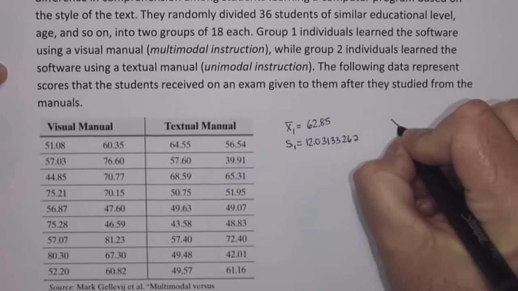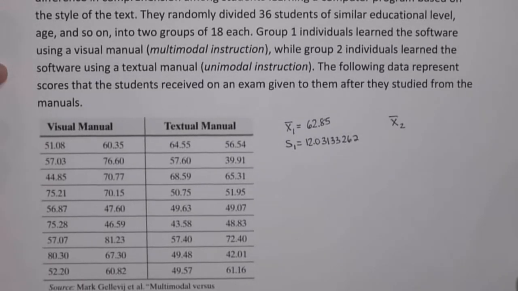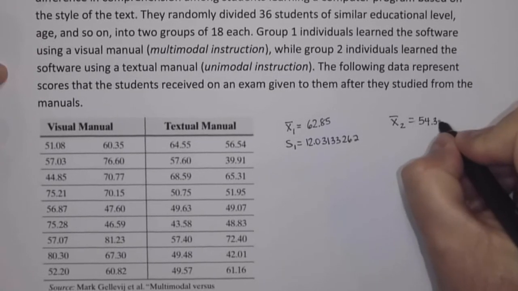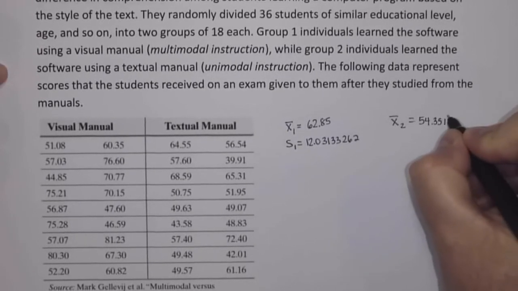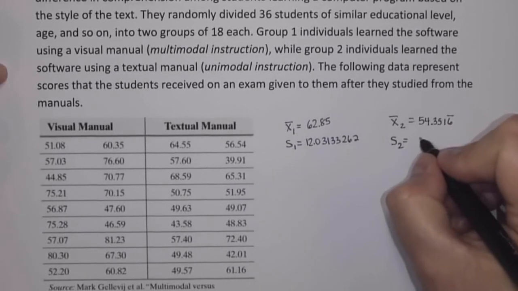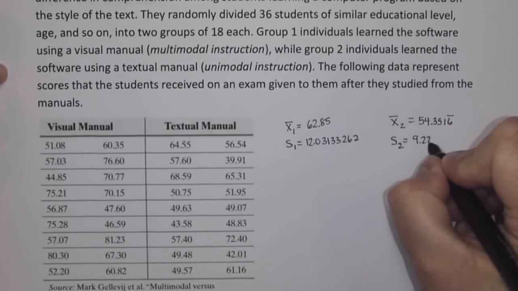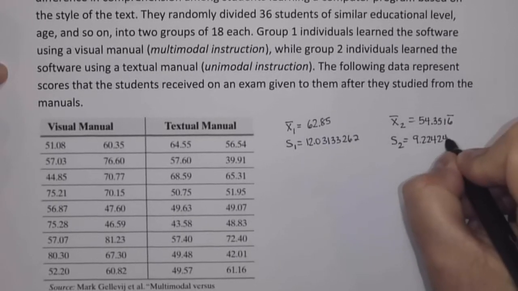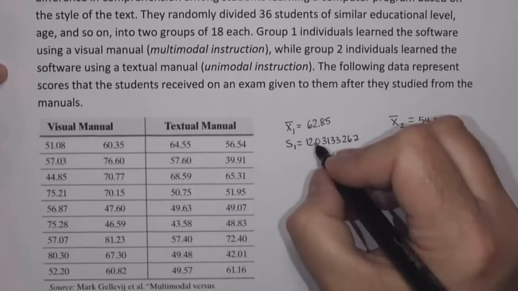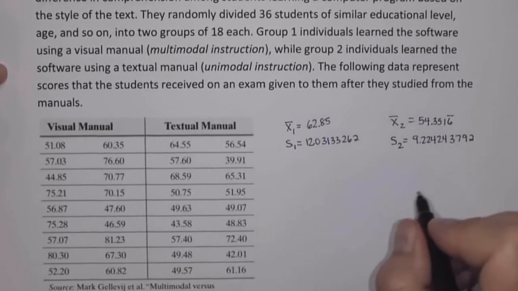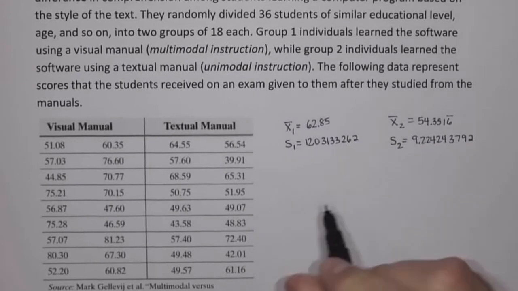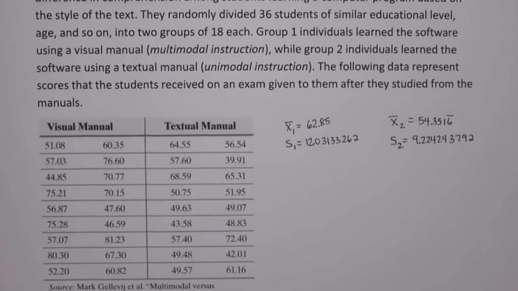So I'm going to write those down. X bar 2 is equal to 54.3516, and then the 6 repeats, and S sub 2 is equal to 9.2242433792. And I think I'm going to round these to like 5 places each so that I'm not carrying it out completely this far. Now that may produce a tiny bit of error, but not much.